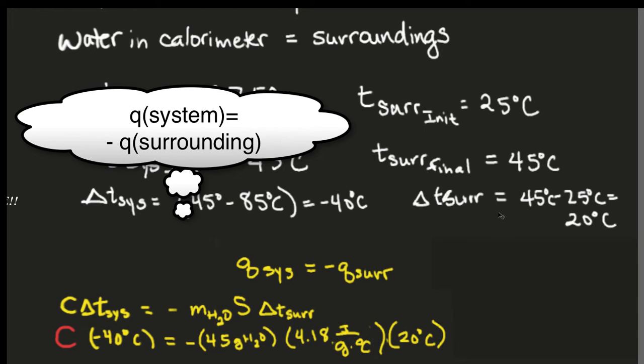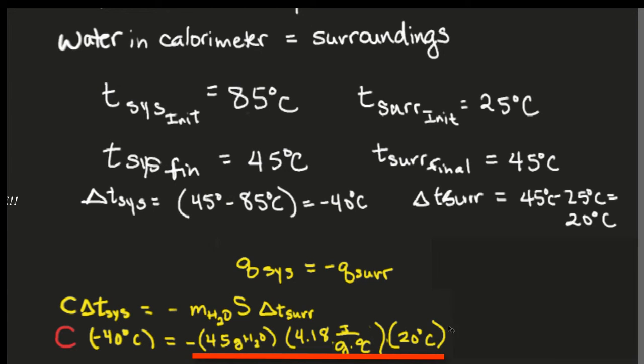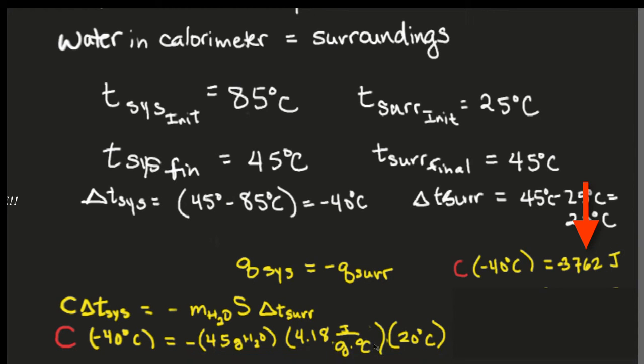If you do your work organized like this, it's hard to make mistakes. And what I recommend, instead of doing all this in one giant calculator step, go ahead and multiply the right side, see what you get. You should get this, and it should be joules. You should see that your terms on the right, in other words, degrees Celsius will cancel degrees Celsius, grams will cancel with grams.